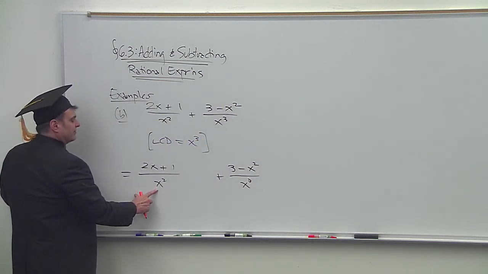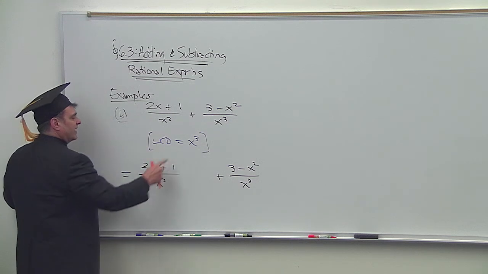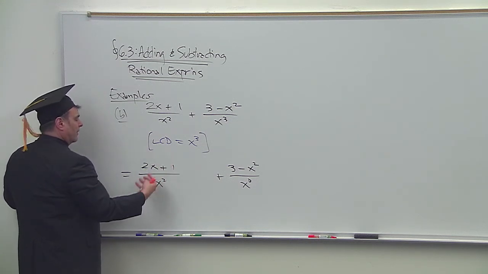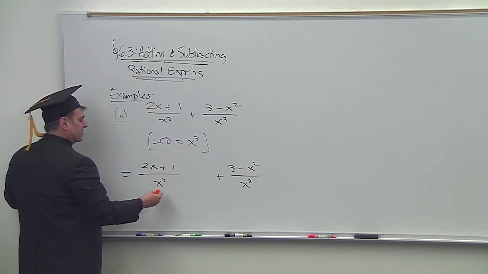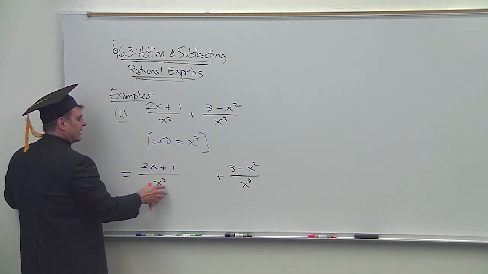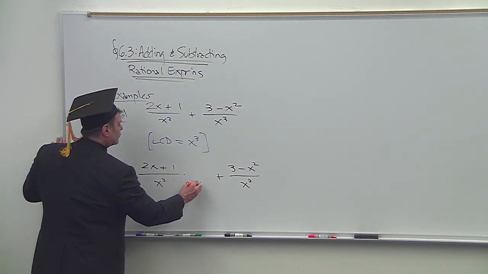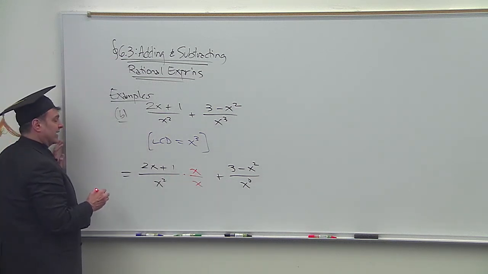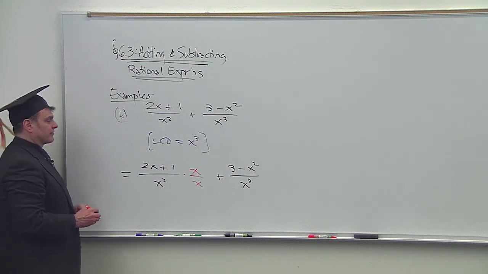So we look at this denominator, we compare it to the LCD, and we ask ourselves, what's new? Well, what factor do we need to get from x squared to x cubed? I hope it's clear that what we need to do is multiply by x. Of course, we have to multiply both numerator and denominator by x to make an equivalent fraction.